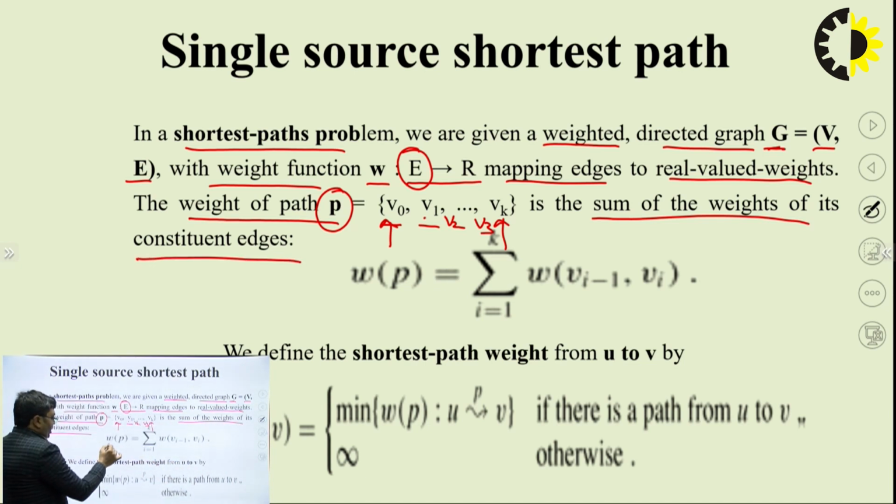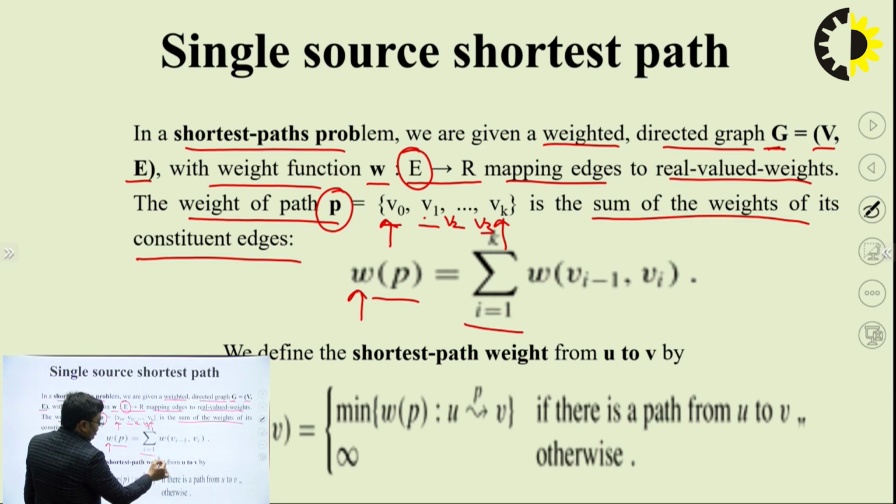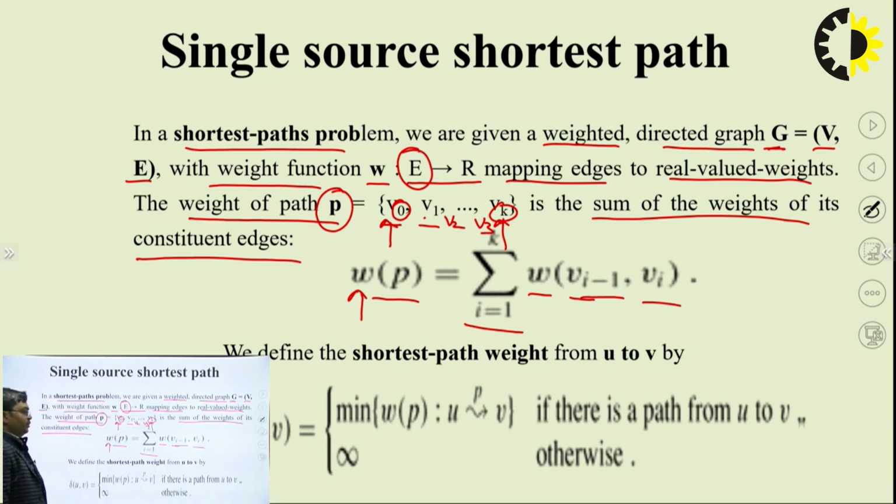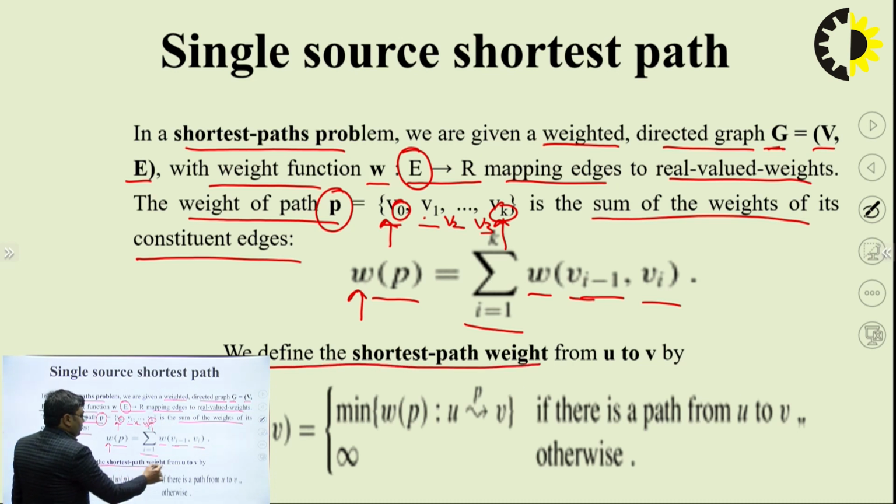The weight of the path W(P) is the sum over i equal to 1 to k of W(v_{i-1}, v_i), which means the summation of all the edges that come in that path. Then we define the shortest path weight.